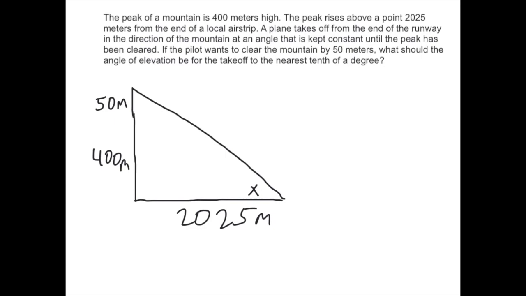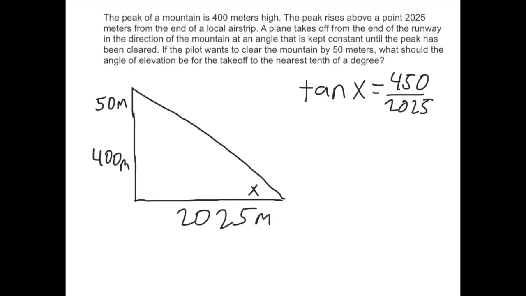So in this problem, we have an angle, and we know its opposite side, 450, and its adjacent side, 2025. What trig function has to deal with opposite and adjacent? That would be tangent. So the tangent of the angle is equal to opposite, 450, over adjacent, 2025.